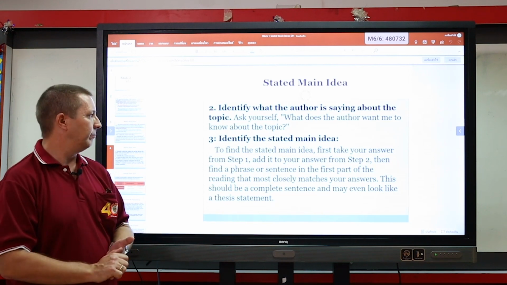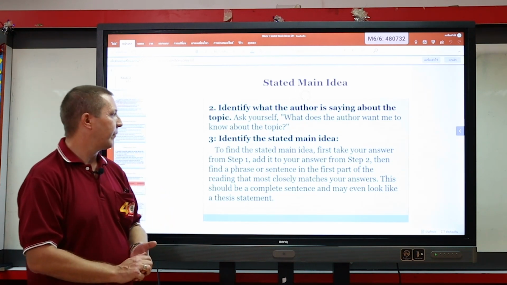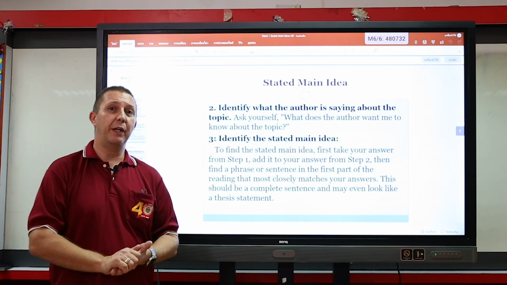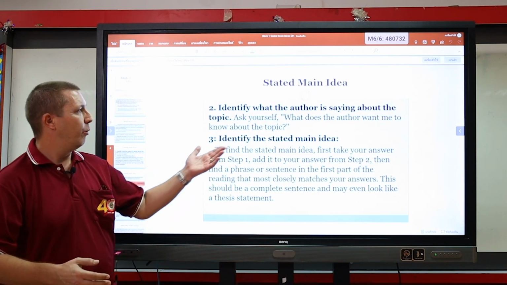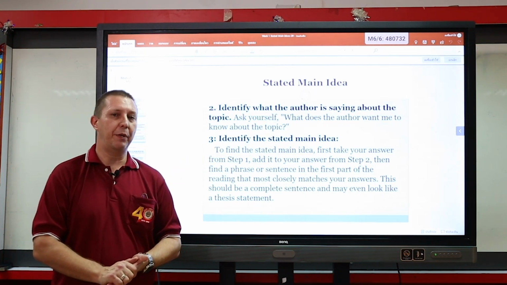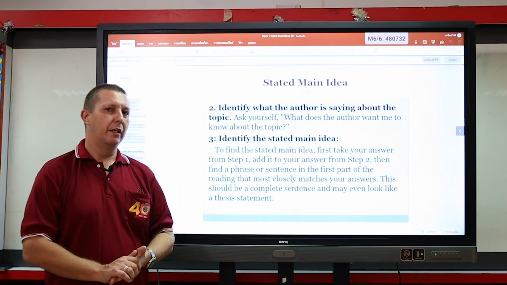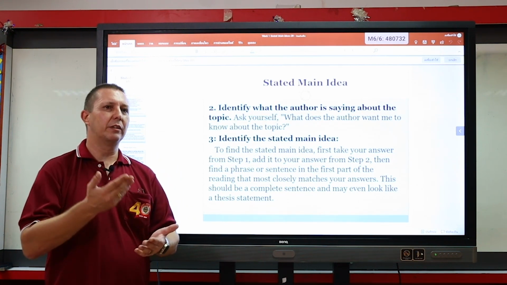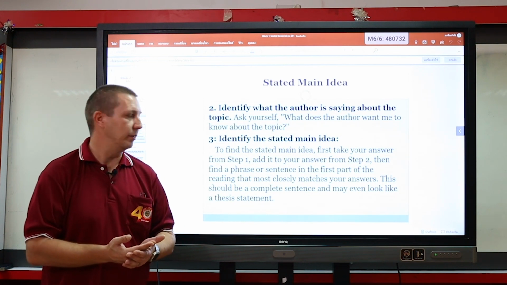And the last thing, identify the main idea. So to find it, you look at step 1, what the topic is about, what you think it's about. Step 2, what they're trying to say about the topic, and then identify a single sentence that says what it's about and what about that topic you are going to learn.